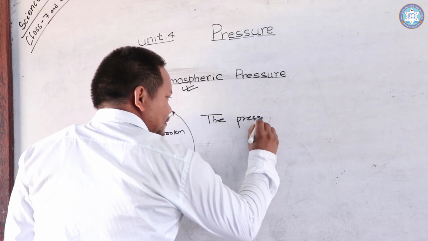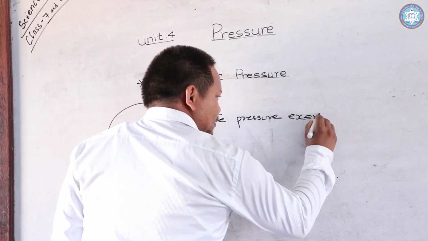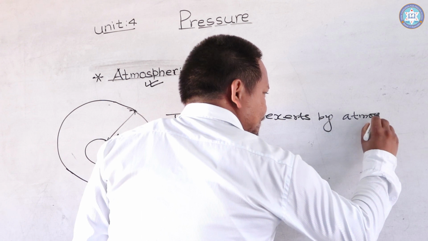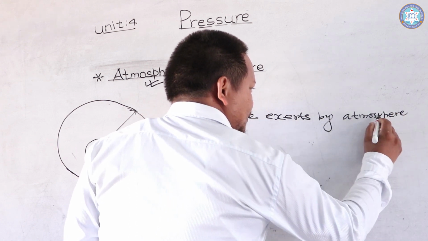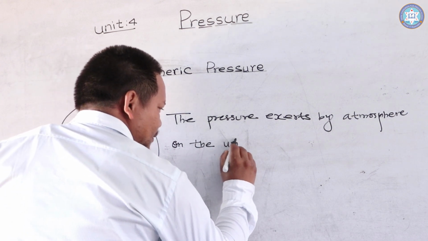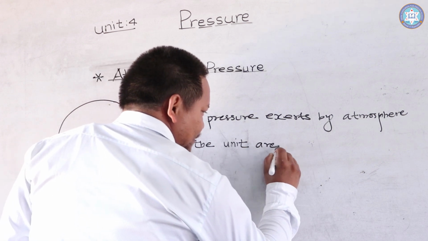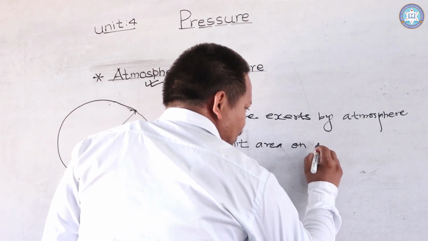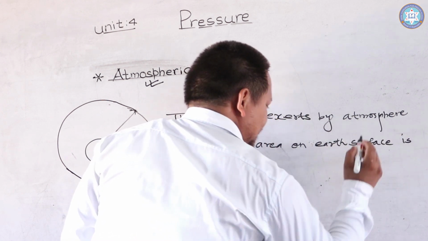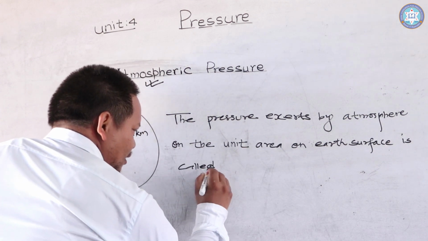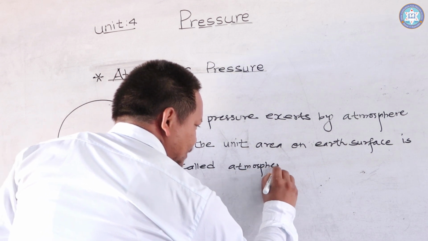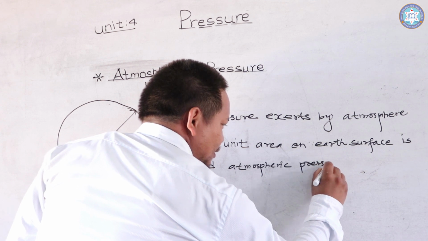The pressure exerted by the atmosphere on the unit area or surface is called atmospheric pressure.